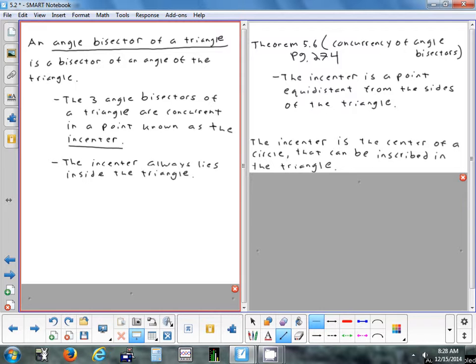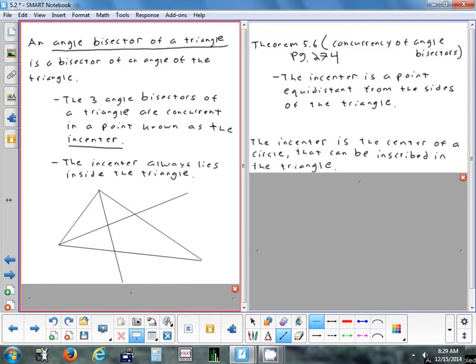So let's look at, okay, what I'm going to try to do is draw in all three angle bisectors. I'm just going to do it by eye. One. There's two.